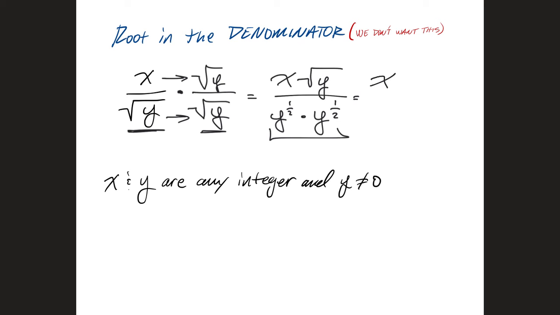So I have in the numerator x times the square root of y, and I have y to the 1/2 plus 1/2. And we don't need to keep the exponents there. 1/2 plus 1/2 is y to the 1. So let's rewrite that so it looks a little neater. Why can't I erase that y? That's interesting. Yeah, we just leave the exponent out of it. So I have x times the square root of y divided by y.